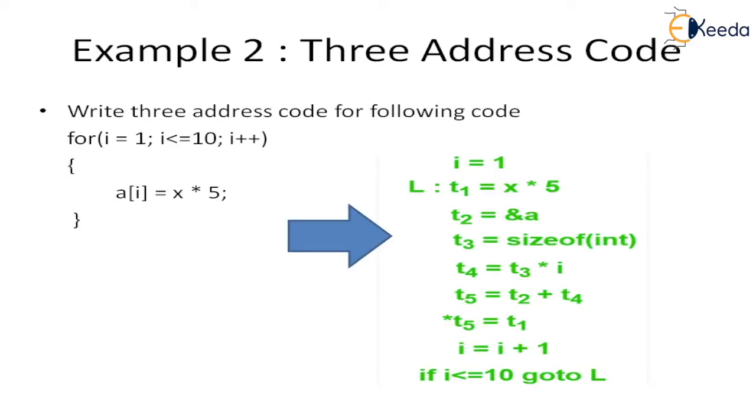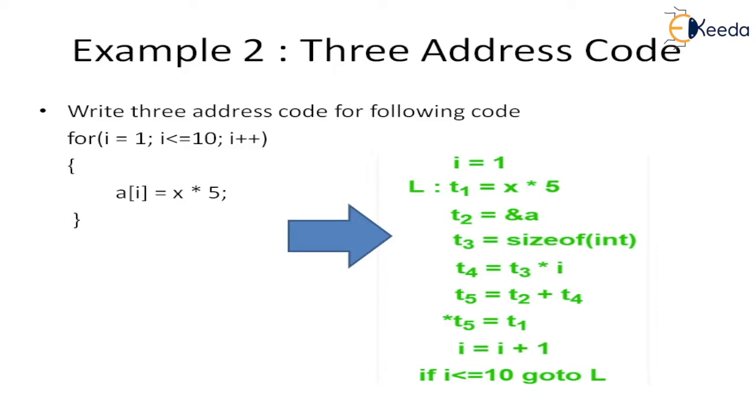The next slide shows a second example for the three address code. The second example contains a loop, a for loop, where for (i = 1; i <= 10; i++), and the body of the loop is a[i] = x * 5.